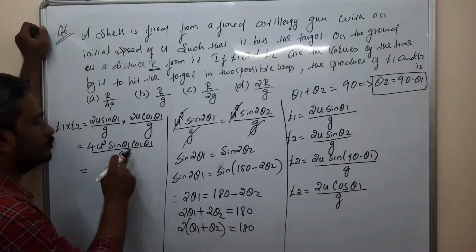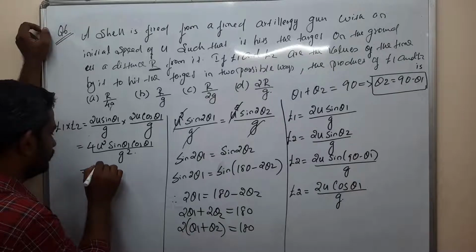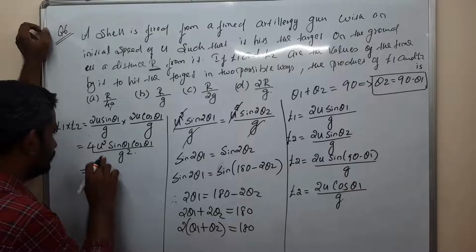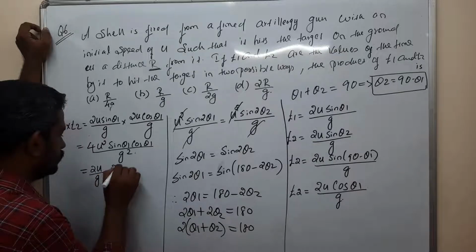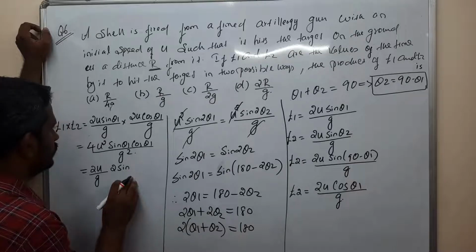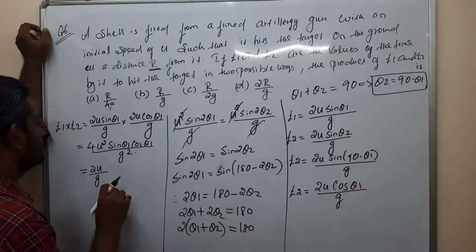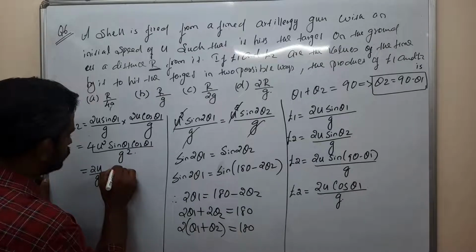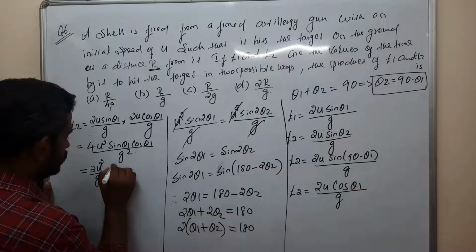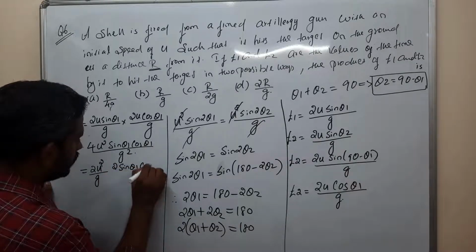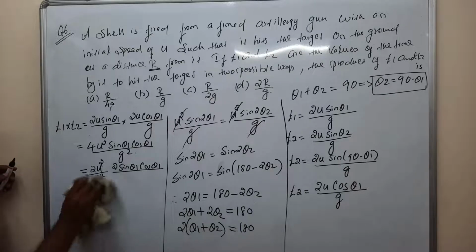So 2 sin theta cos theta is sin 2 theta. So I am rewriting this.